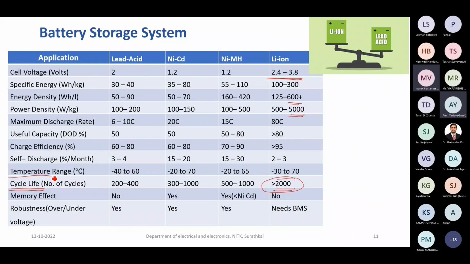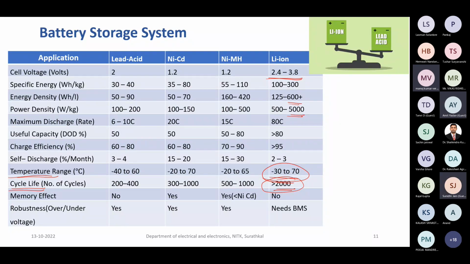And if I check the temperature range, it can be operated from -30 to 70 degrees. To ensure it operates within that condition, we have to sense the temperature. If we want to further increase the battery life, I have to put in a proper temperature sensor.